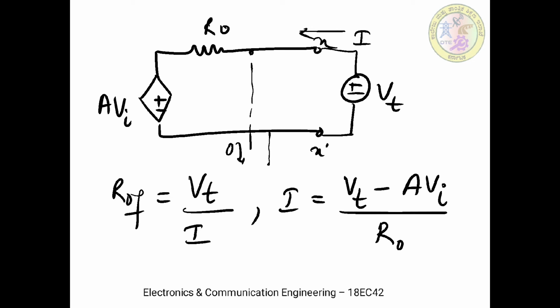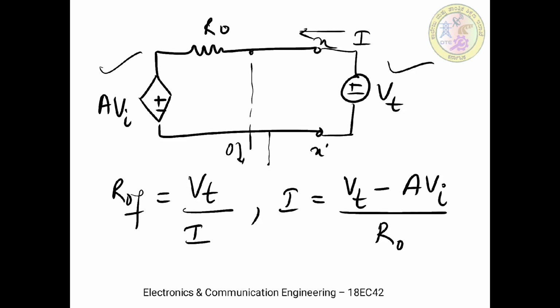By referring to this circuit, the ROF equation is Vt by I, where I equals Vt minus A Vi divided by R naught. So now we have to find what this I is. Therefore we will substitute that I into the ROF equation, and on simplification we are going to get a reduced expression for ROF. So let us first find out what this I is.